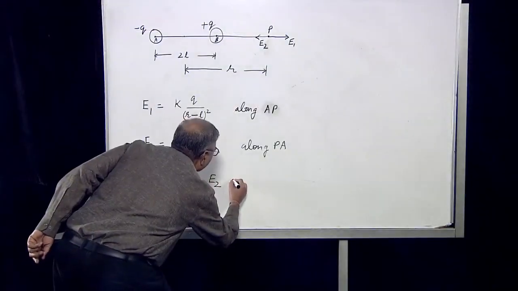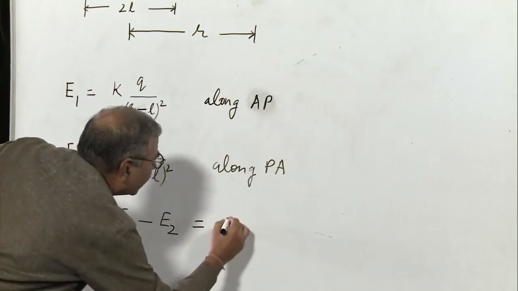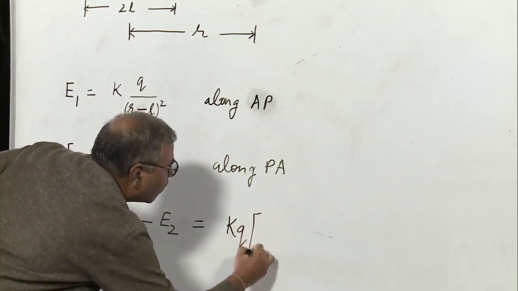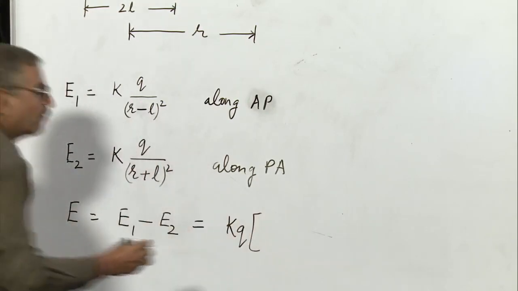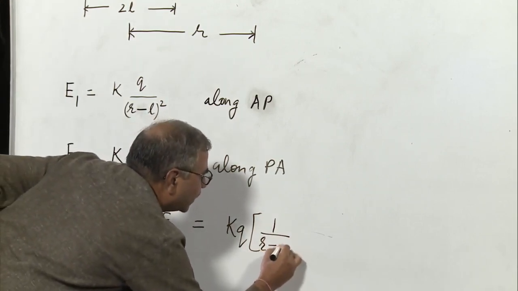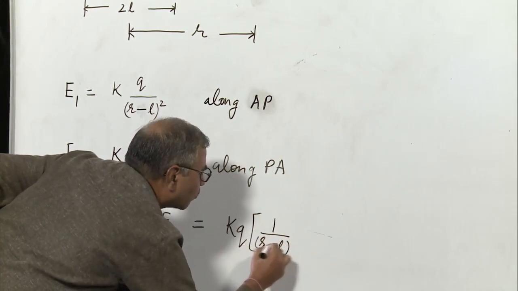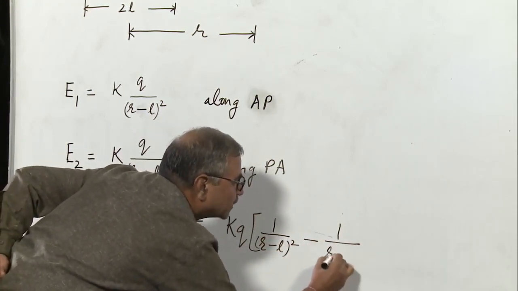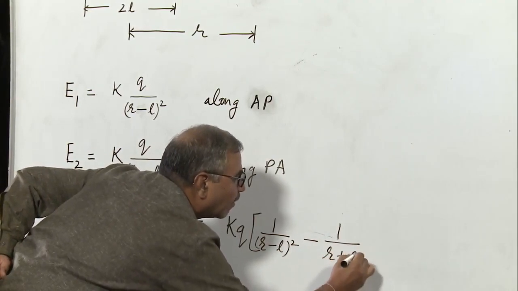It will be K Q times 1 upon R minus L whole square minus 1 upon R plus L whole square.